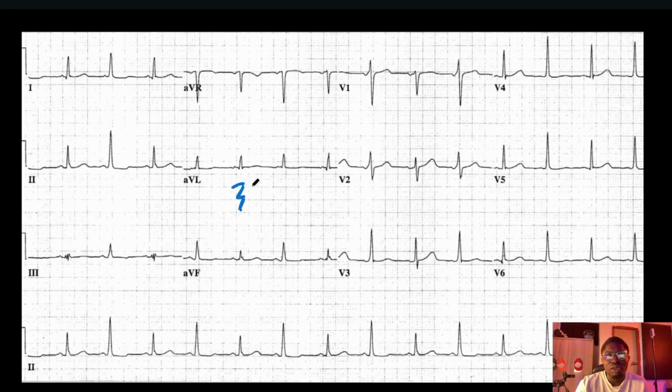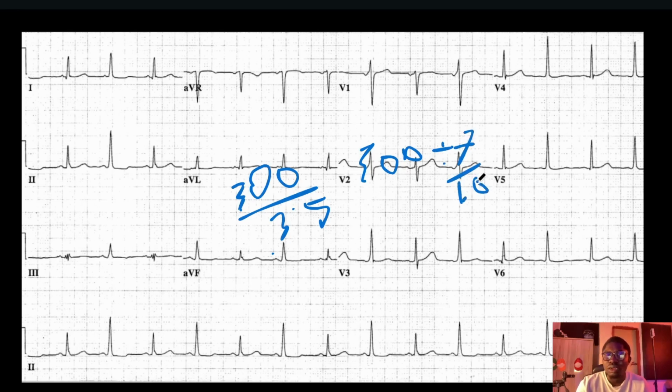So 300 divided by 3.5, which is 300 times 2/7, so 600 divided by 7.